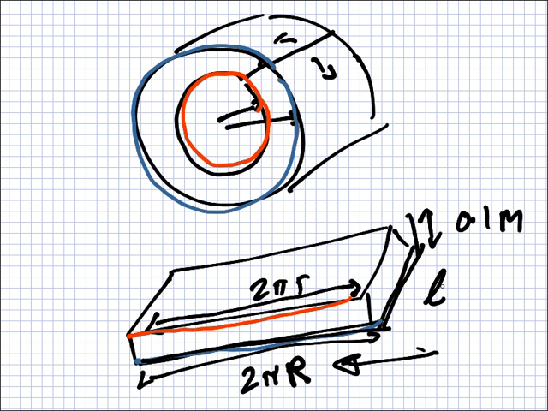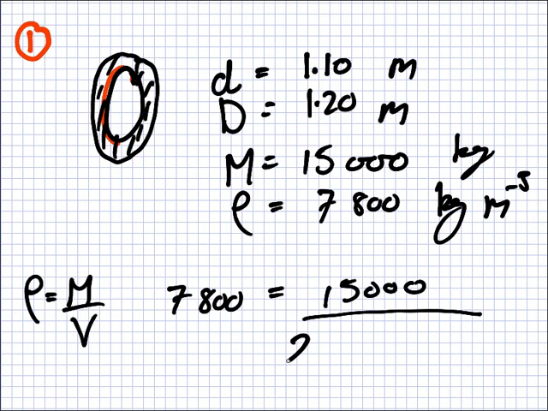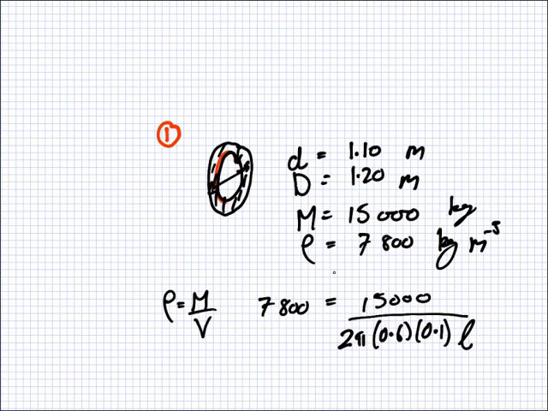L. So if I go back to the question, the volume is 2 pi, and the big radius is 0.6 because the big diameter is 1.2, times 0.1 times L. That's the volume. Are we okay with that? Let's see what answer I get, and we'll see how it compares.